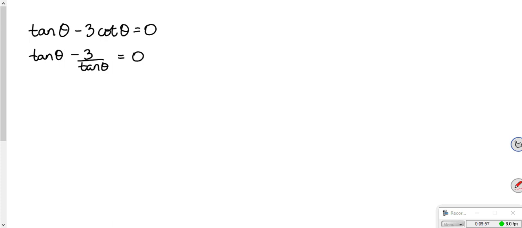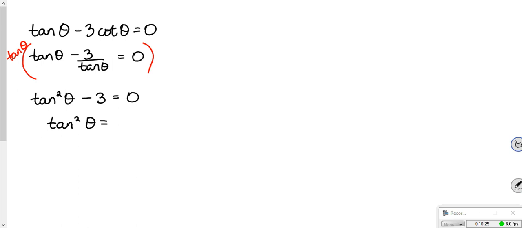Then if you think about it in terms of multiplying every term by a tangent theta, this is going to give you tan squared theta minus 3 equals 0. Now, this is going to give us tan squared theta equals 3.